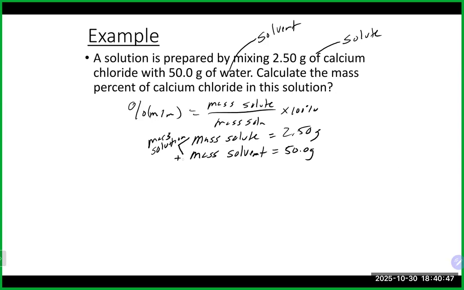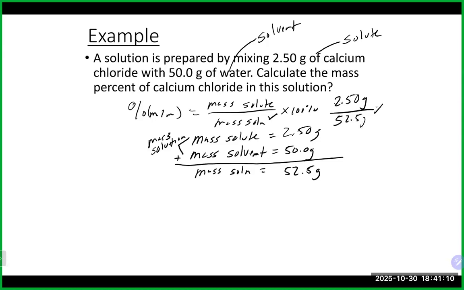So again, we want to make sure we add it together to get the mass of the solution, and that would be 52.5 grams. That's an important number because that is what should go on the bottom, not just 50, which is just the solvent by itself. So if we put in our numbers, 2.5 grams up on top, 52.5 grams on the bottom, times 100%.